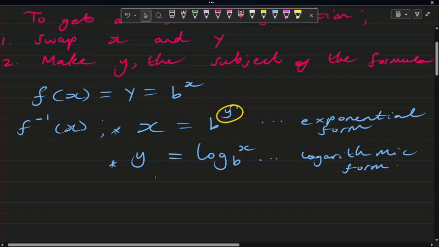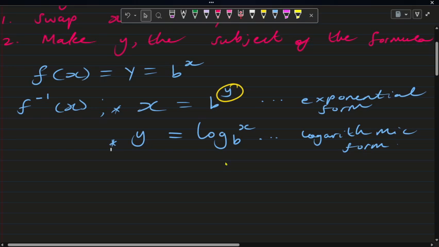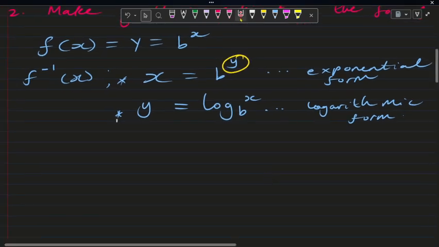They just say the very same thing in different ways. So these two equations are equivalent to each other. The most important step is step number one, the swapping of the x and y. To obtain the inverse, we swap x and y, and then we make y the subject of our formula. Let's do a real example now.